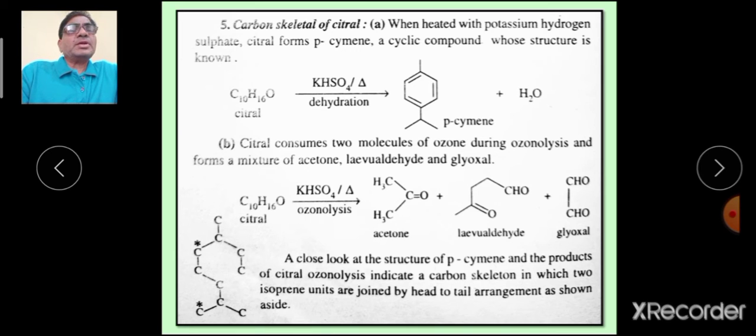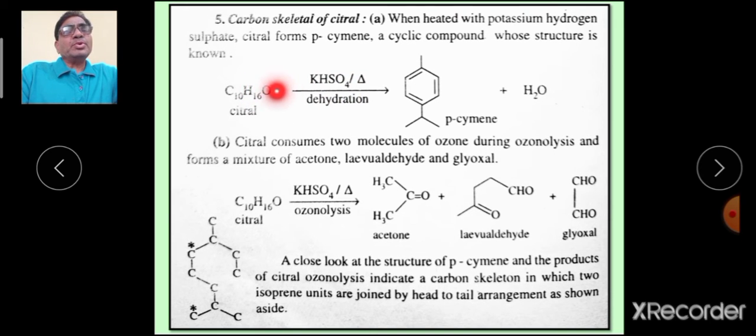Now, further point is, what is the carbon skeleton of citral? The first reaction: when heated with potassium hydrogen sulfate, dehydration takes place, and citral loses a molecule of water, forming the known compound paracymene.